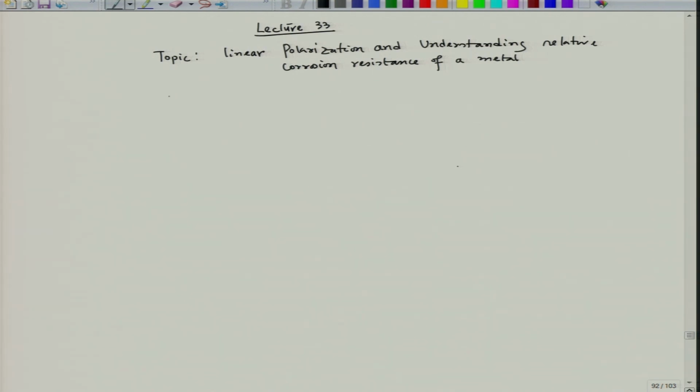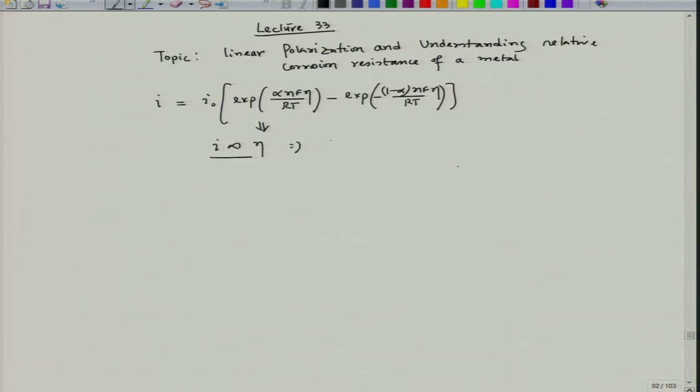So, now we started with this Butler-Volmer equation, I 0 exponential alpha nF eta by RT. This was the equation we started with, and then finally we achieved this relation where I can be written as nF by RT, I 0, eta.